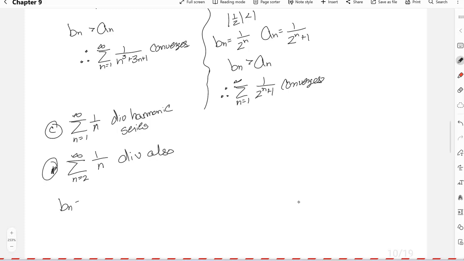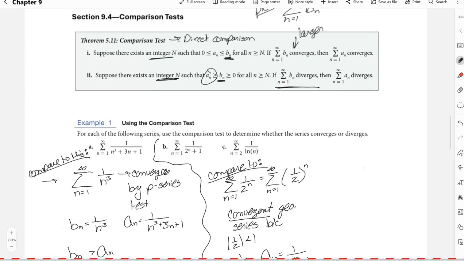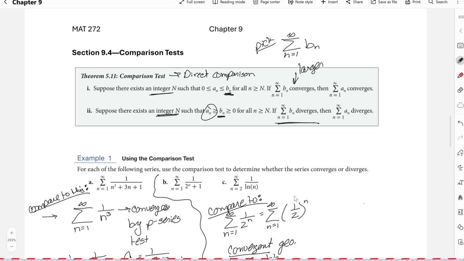So my b sub n here is 1 over n. If I want to use the divergent part of this direct comparison test, my a sub n, the original sequence, has to be larger than what I chose.